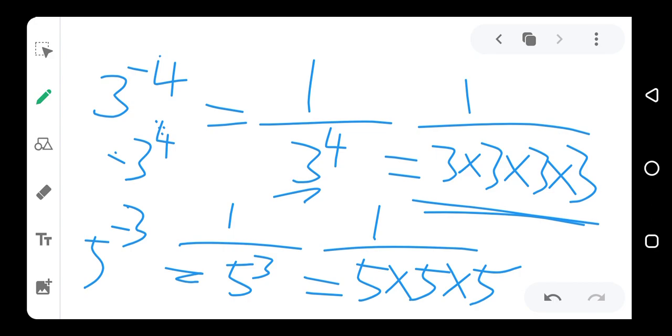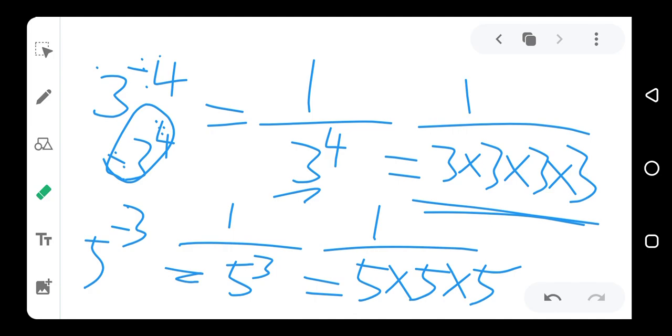They are not the same thing. You should be very careful to know when the minus is just at the back of the number and when the minus is on top of the number as a power. So with this one, we are not doing it that way. But with the one with minus on top, we find the inverse. The inverse is 1 over the number raised to power positive.